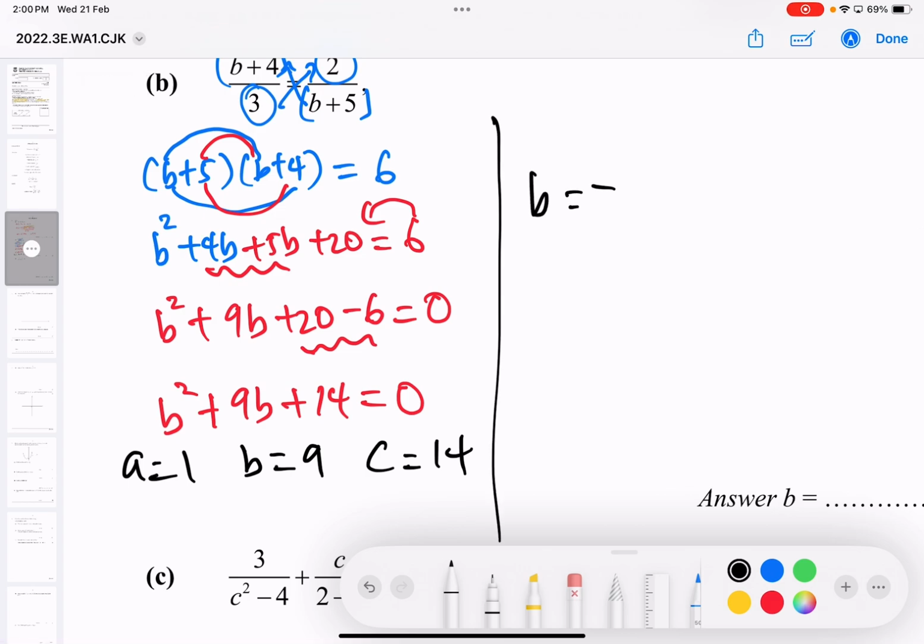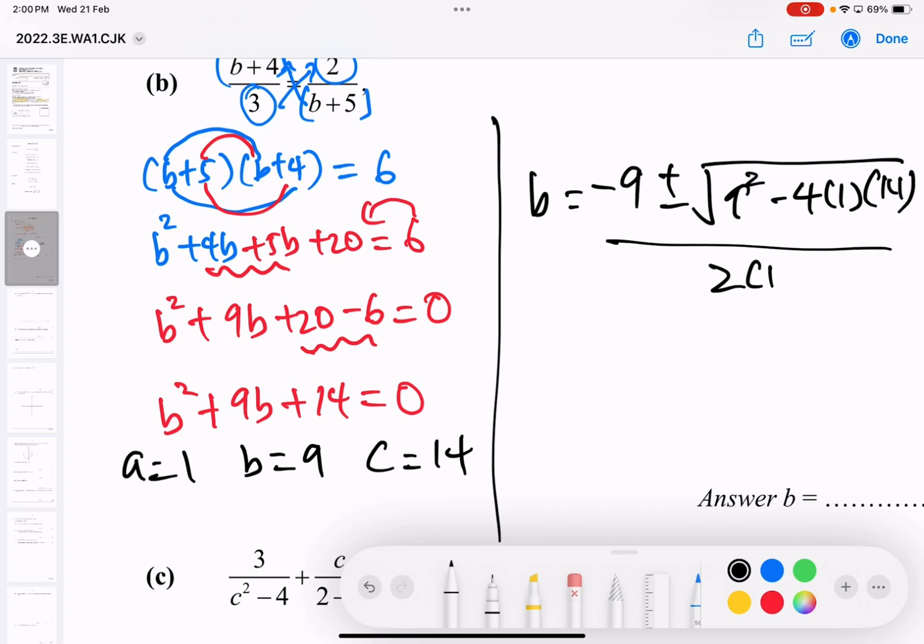B is negative B plus minus square root B square minus 4AC divided by 2A. Use your calculator. Enter in the values of your A, your B, and your C. You will get B is equals to negative 2 or B is equals to negative 7.